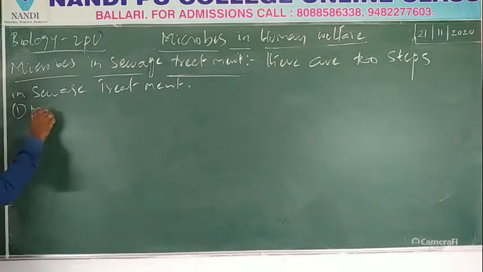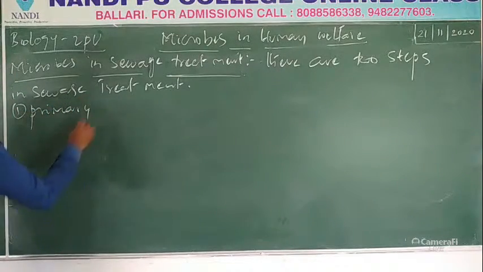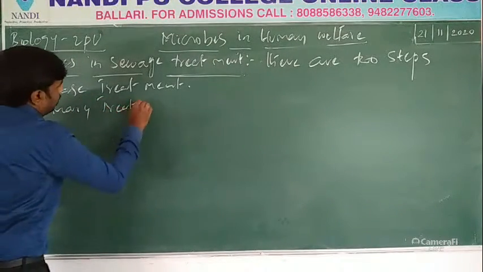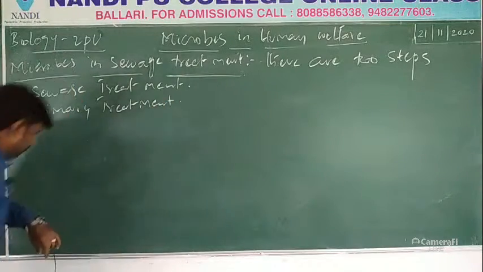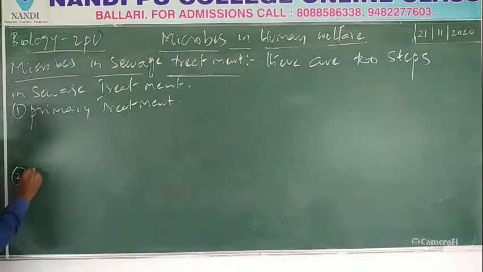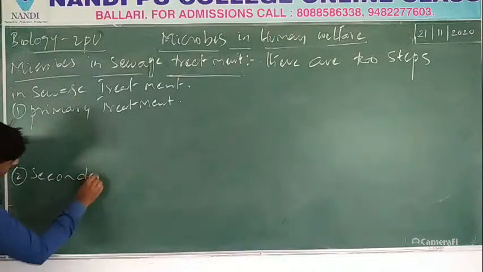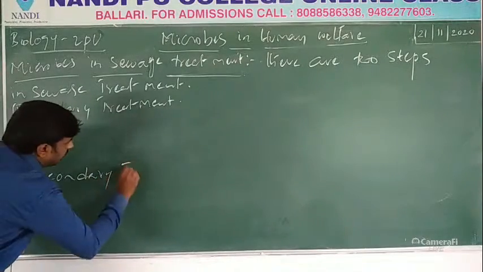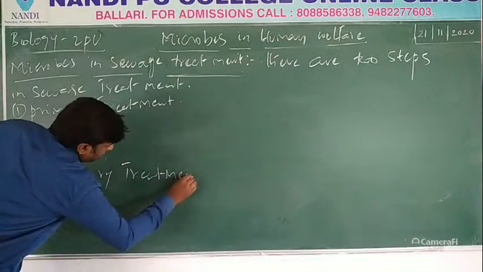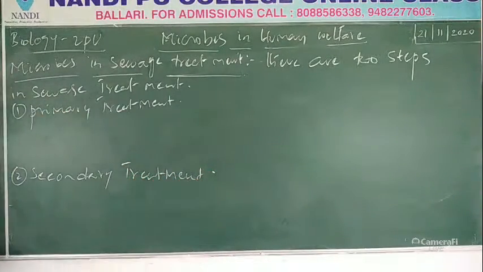One is primary treatment and the second one is secondary treatment. Two treatments are there in a sewage treatment plant, right? One is primary treatment and the second one is secondary treatment.